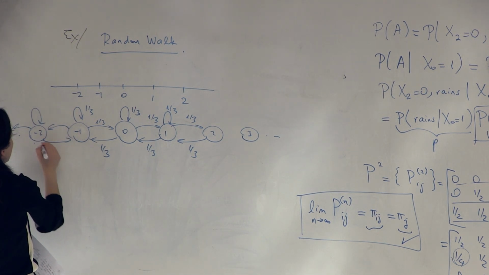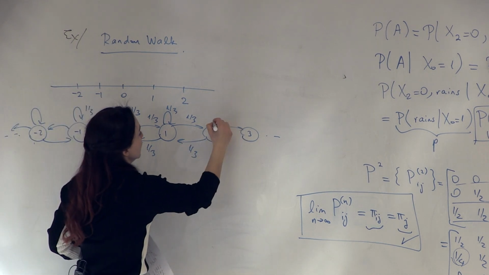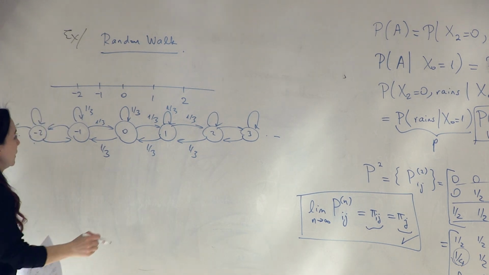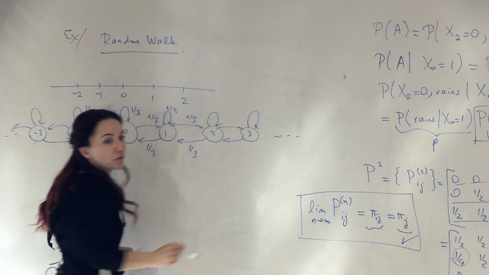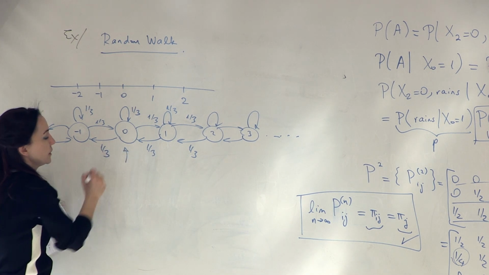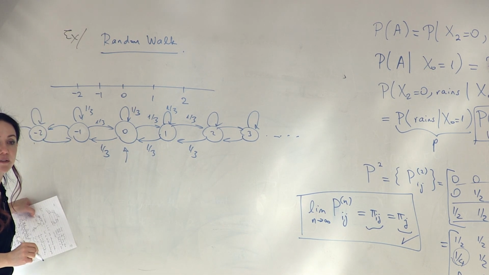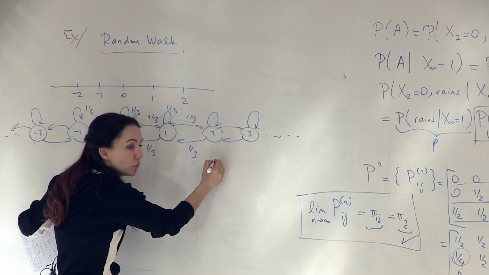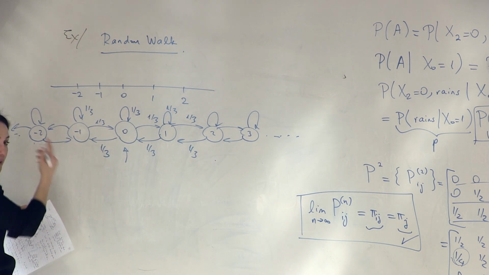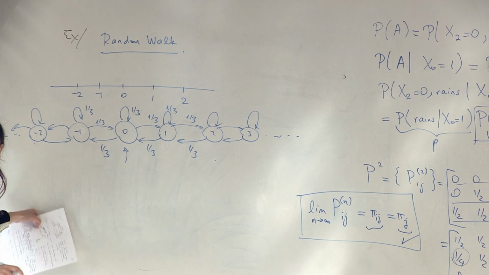So I'm not drawing all of the values. Now, the question is, given that I start in state 0, what is the probability I reach 2 before ever hitting -2? How do you think about this?